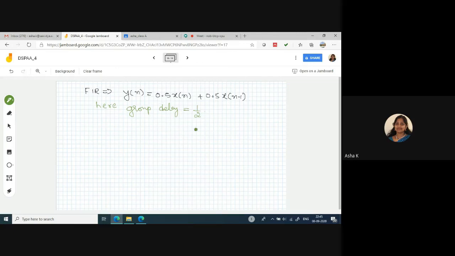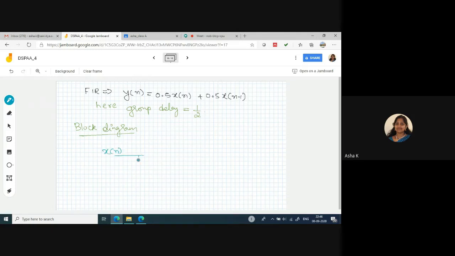Now the block diagram representation of the FIR filter. We have to draw the block diagram for this difference equation. There is no delay at the start, so first we have the input x of n.